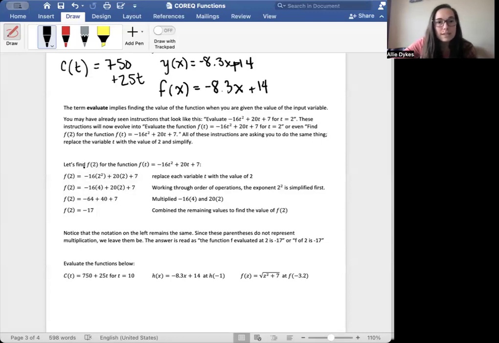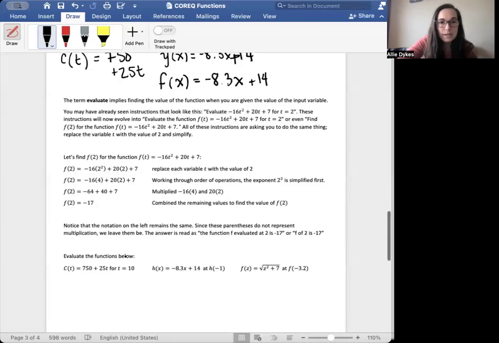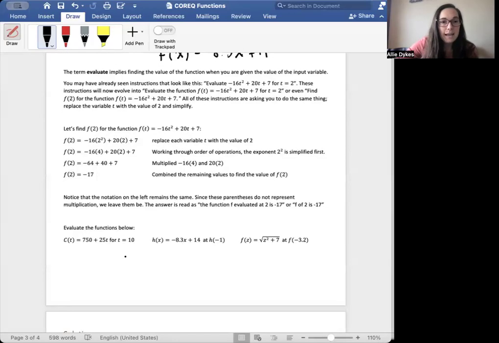So if someone says find f parenthesis 2 parenthesis, they're asking find f of 2, or evaluate when the variable is 2. And so we take that 2 and we replace all of our variables with 2. All right, and then our answer is f of 2 equals negative 17.